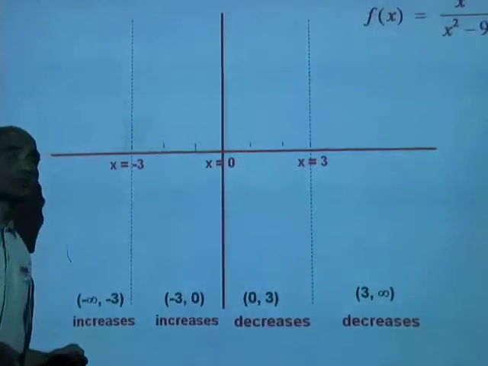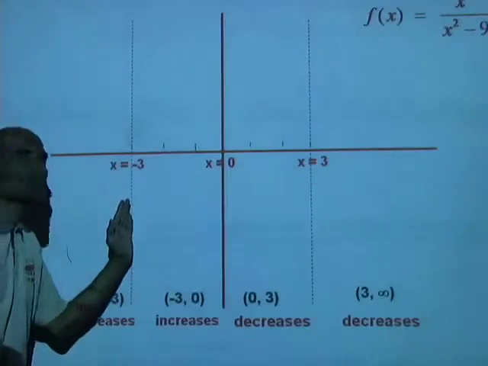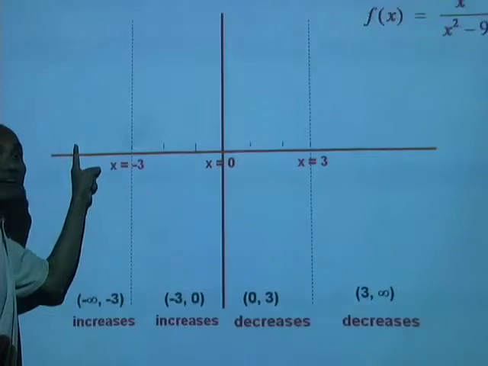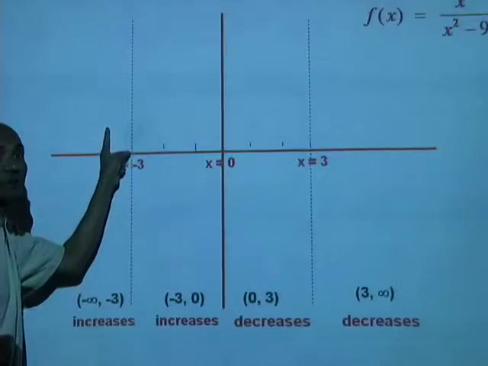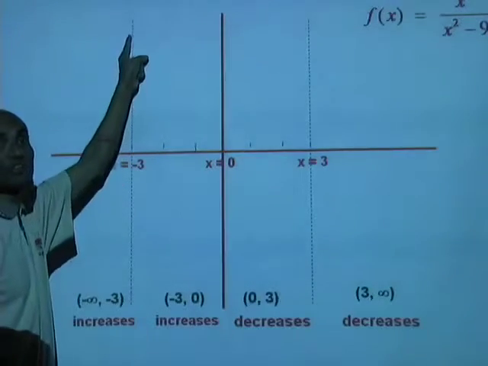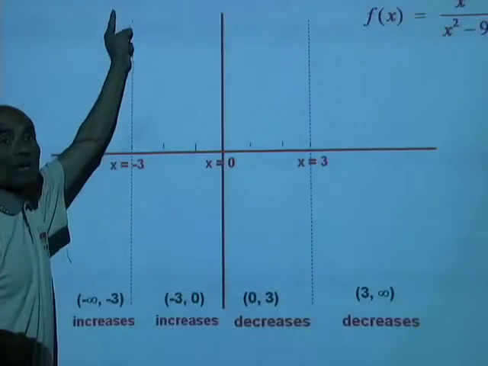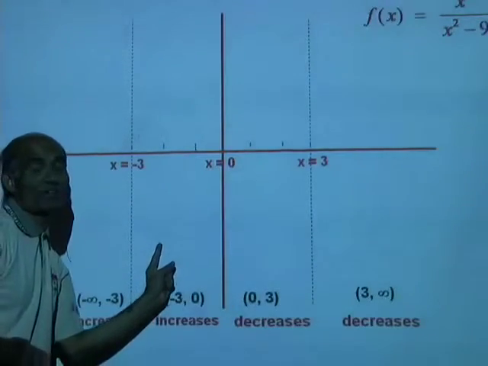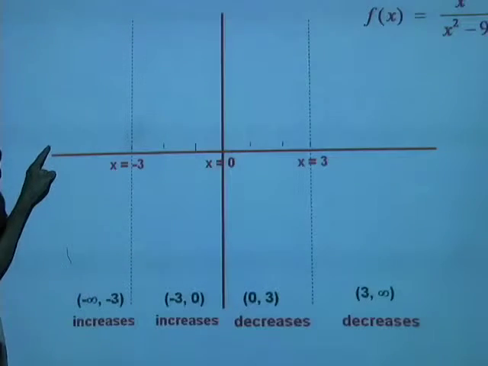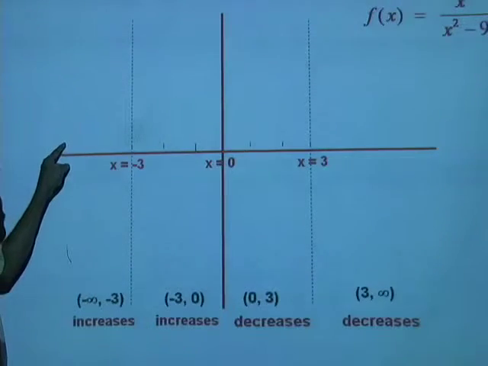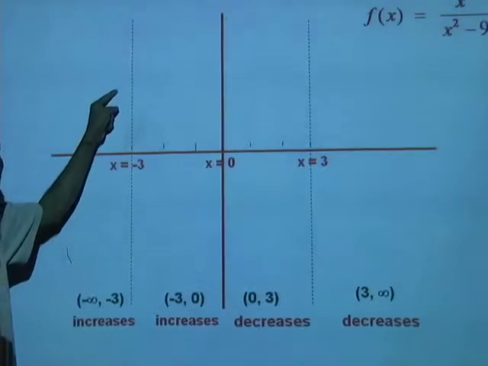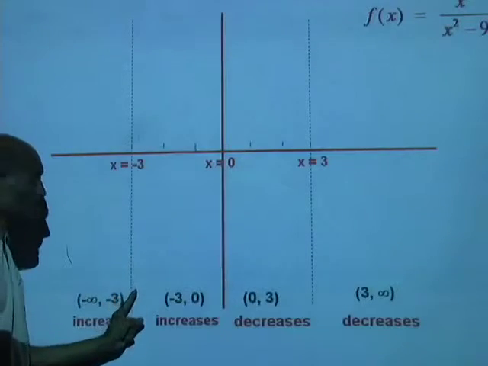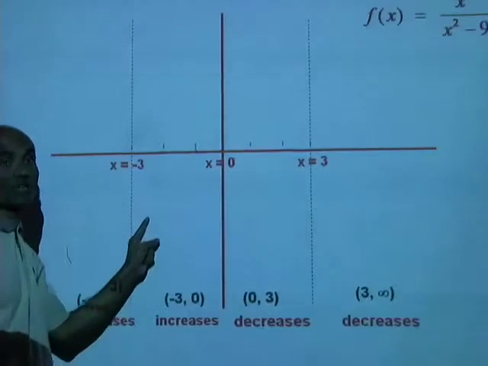Now, one of the clues that you can keep in most cases: if on the left of the vertical asymptote the function goes to positive infinity, on the right side it will come from negative infinity. You see, on the left it is increasing, so it goes like this to positive infinity. So on the right it must come back from negative infinity and increase.